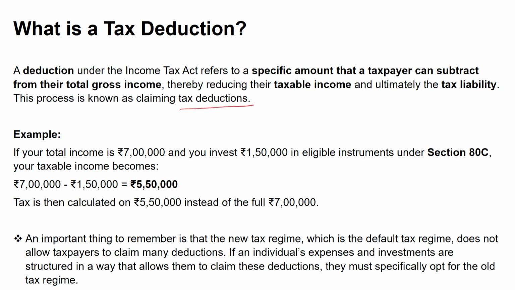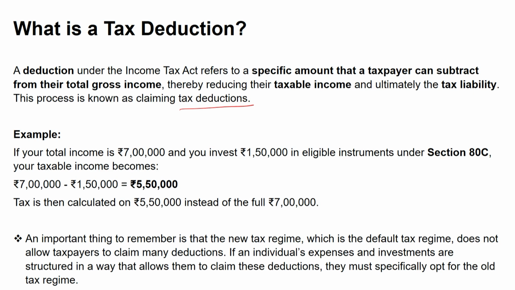So deductions are certain kinds of reliefs that are provided to the taxpayer after calculating their gross total income. They can deduct them by claiming them and providing sufficient documentary evidence, and then the total taxable income will be the result of deducting the various types of deductions that they claim.